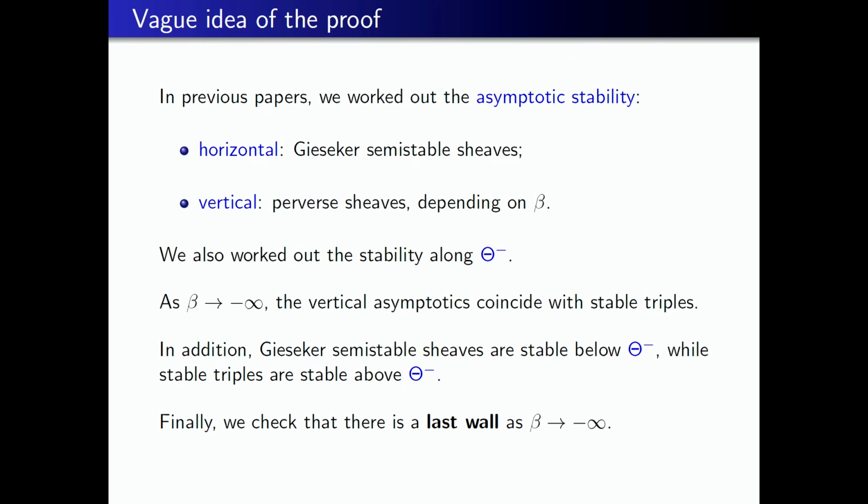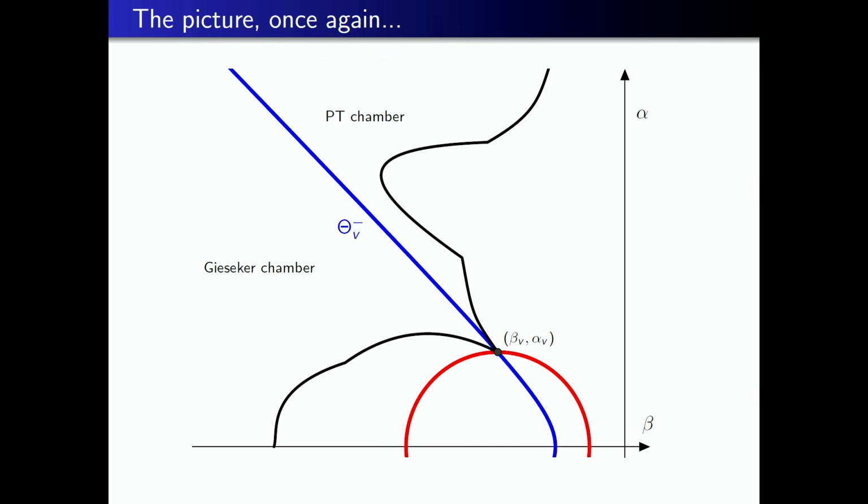And if you go to infinity vertically, the asymptotic Bridgeland stable objects will be some class of perverse sheaves whose particular characterization will depend on beta. It will depend on which vertical you chose to go to infinity. But when beta is sufficiently negative, this stabilizes. At some point after beta is sufficiently negative, the asymptotic behavior doesn't change anymore.